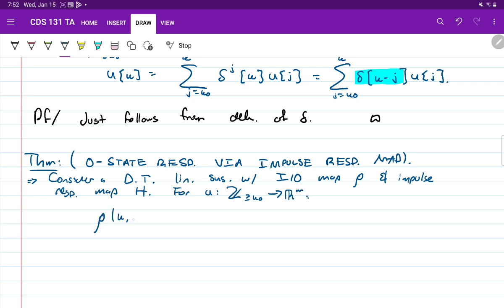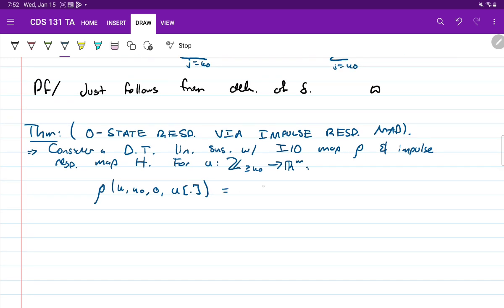We have rho of K, K naught, 0, input U, for an arbitrary input U, is actually defined via the impulse response map. So we can actually calculate this using H. This is equal to the sum from J equals K naught up until time K of H of K comma J, U at J. All right. So this tells us that our impulse response map actually entirely characterizes the zero state response of the system. If we look at how nice and short this expression is, this is a huge simplification over that really long formula that we had earlier.